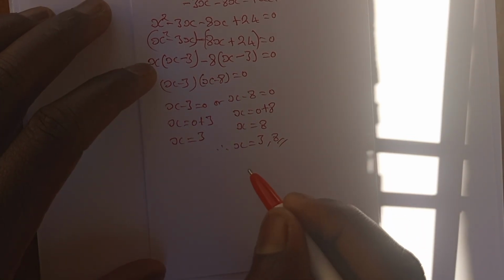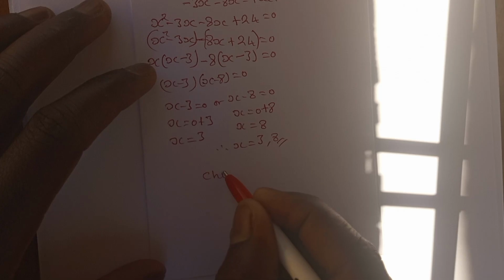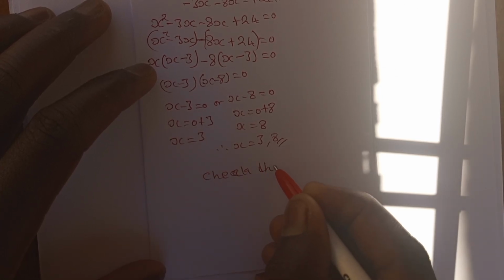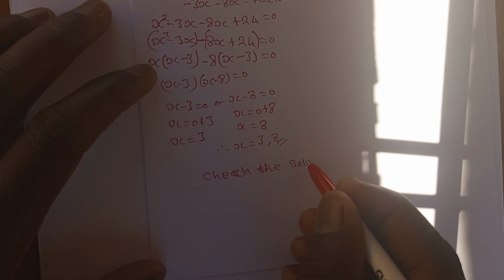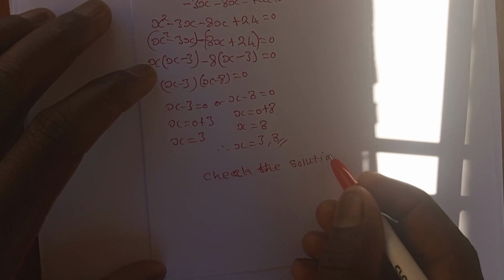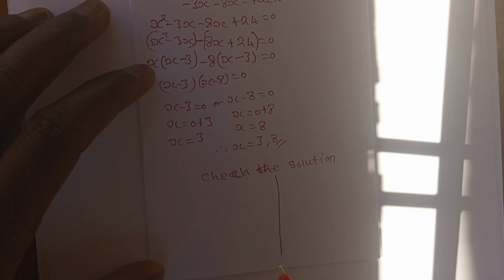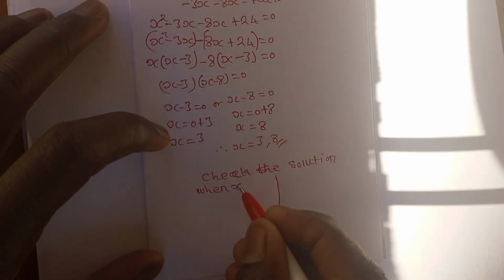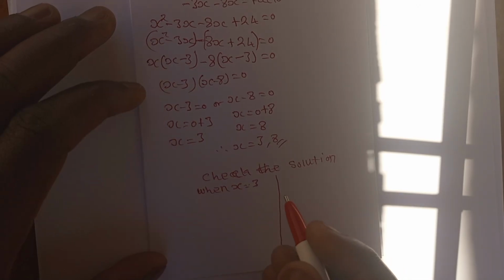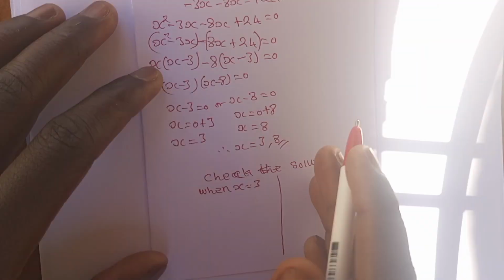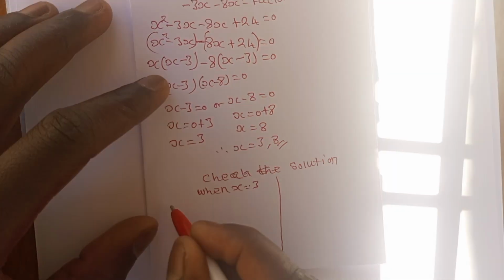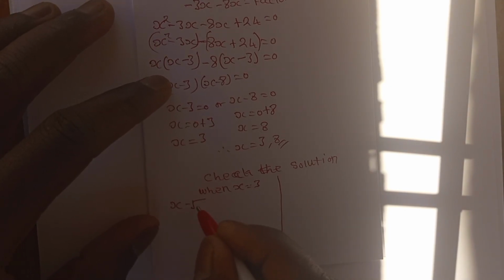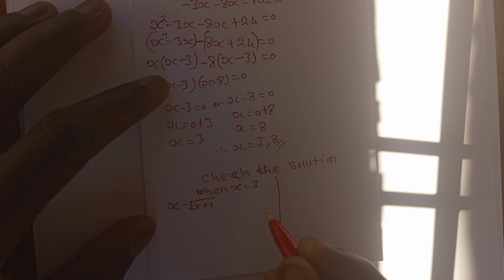Now let us check our equation. I like to check the solution. First, take x equals 3. Now take the question again. The question says x minus root of x plus 1 equals 5.